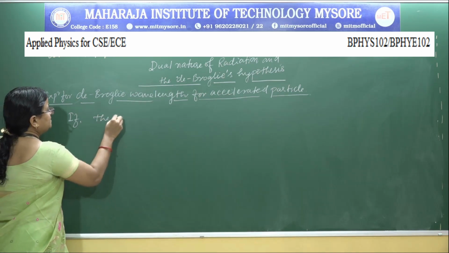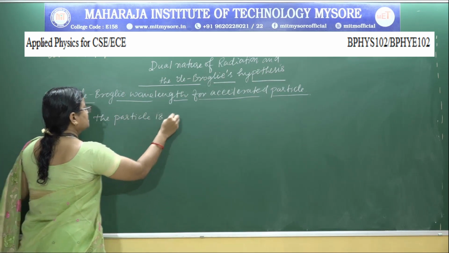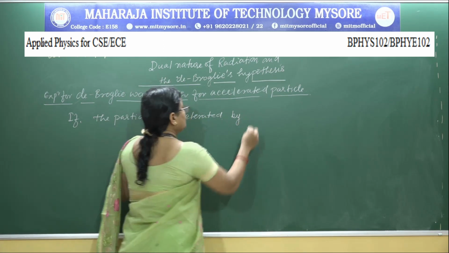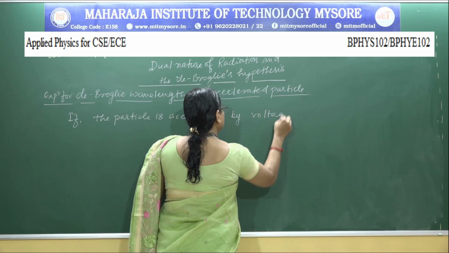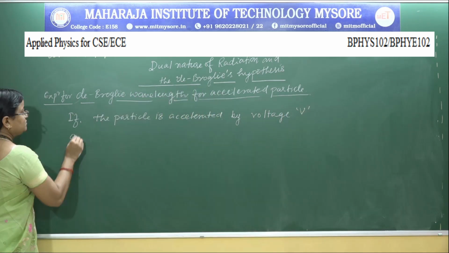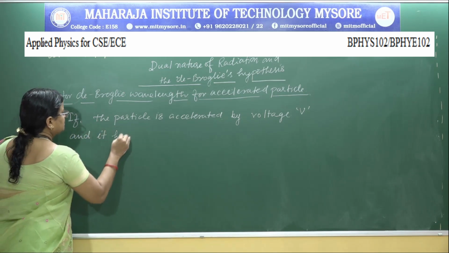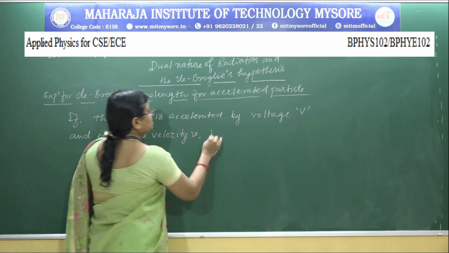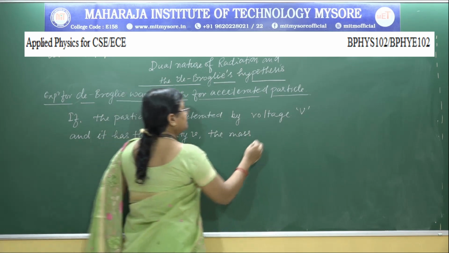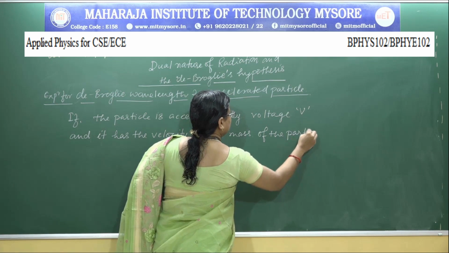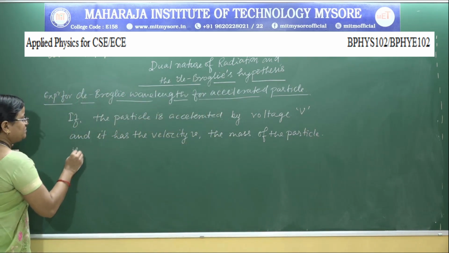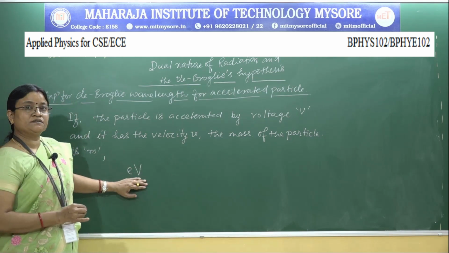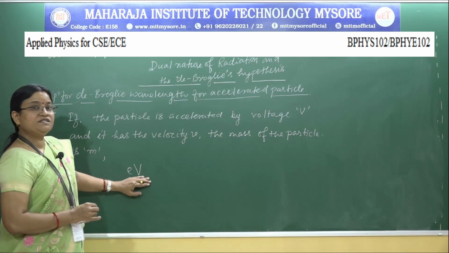So, if the particle is accelerated by voltage V and it has the velocity v, and the mass of the particle which is accelerated is m, then we can write charge multiplied by the voltage. e is the charge of the particle and V is the voltage applied.